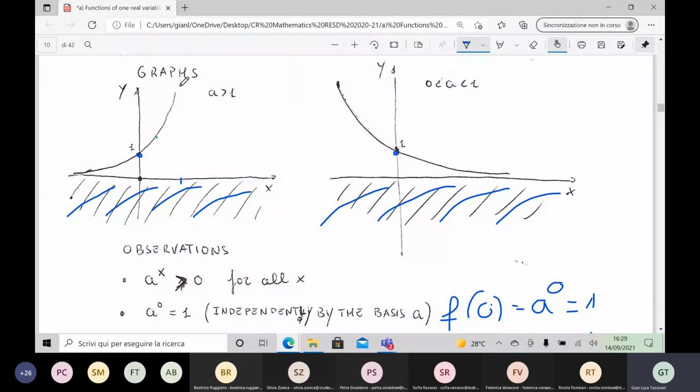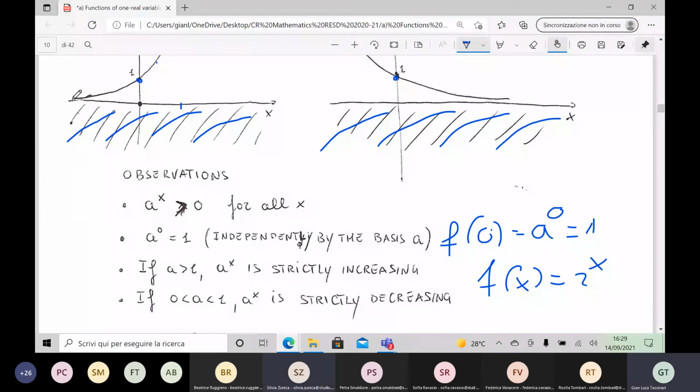As you can see, as you increase the value of x, the value of y increases faster and faster. Because if you consider, for example, 2 to the power 4, it is 16. Okay? Now, what happens as you move in this direction?